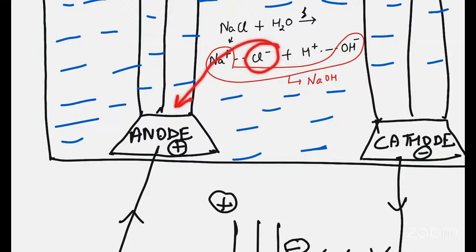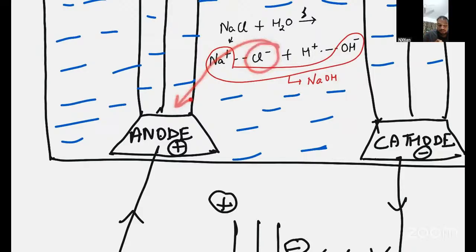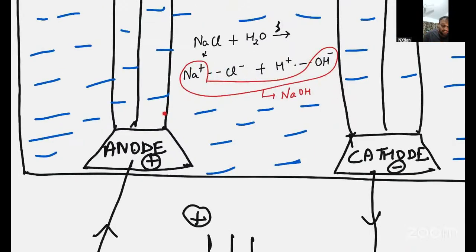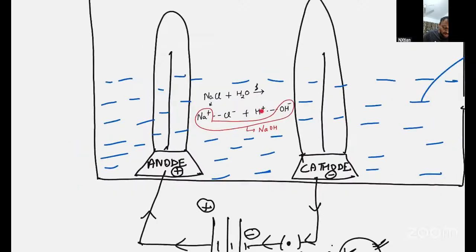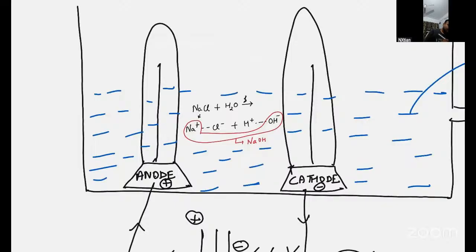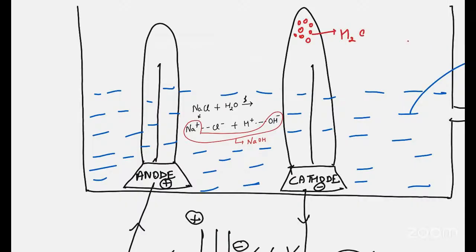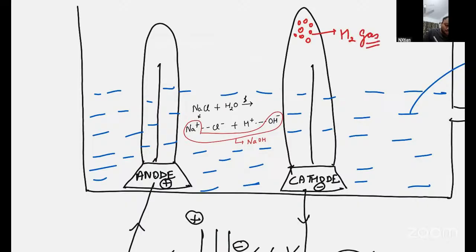HCl does not form. H plus ions join together and make a bond, forming hydrogen gas, H2. So at the cathode, what gas did we get? We got H2 gas.